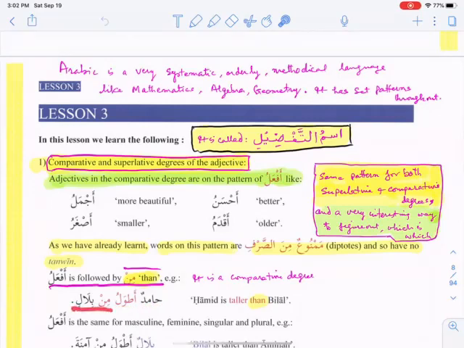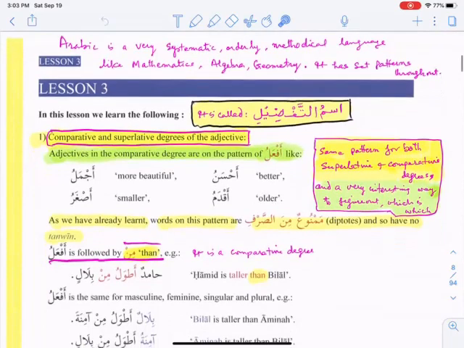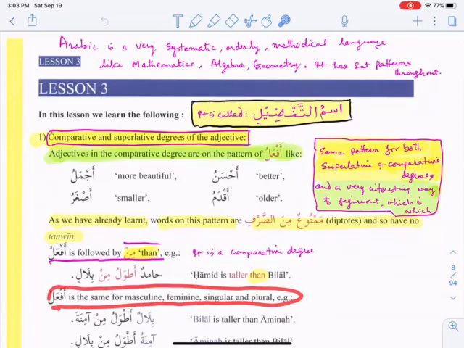Min Bilalin. So compare: Hamid is taller than Bilal. Af'alu is the same for masculine, feminine, singular, plural. It doesn't change. Makes life easy for us, inshallah.